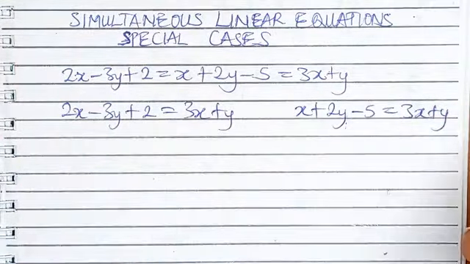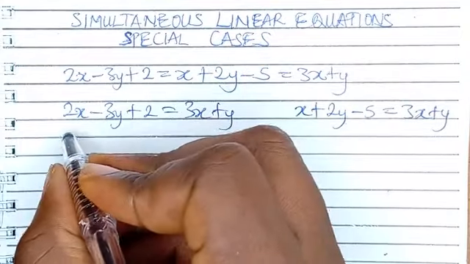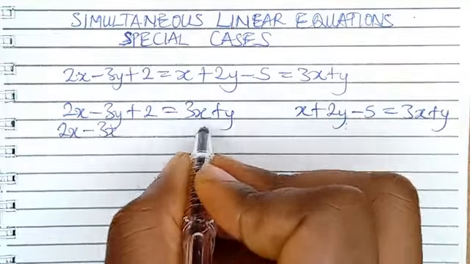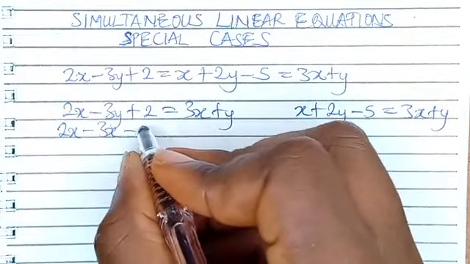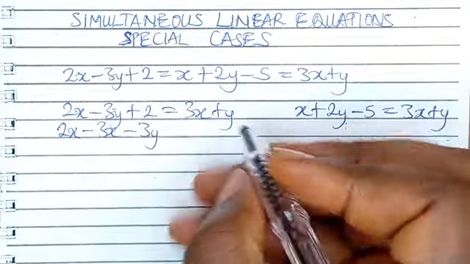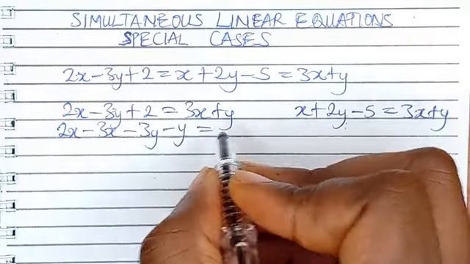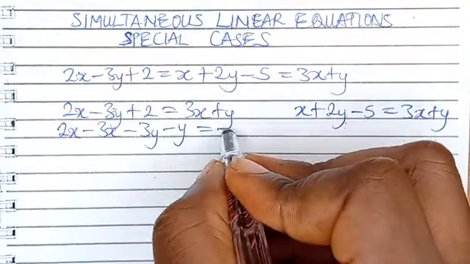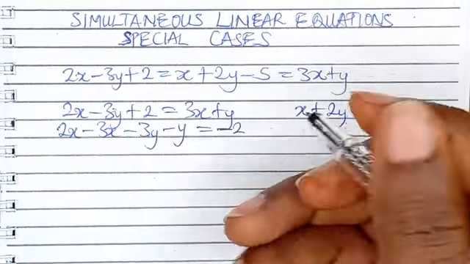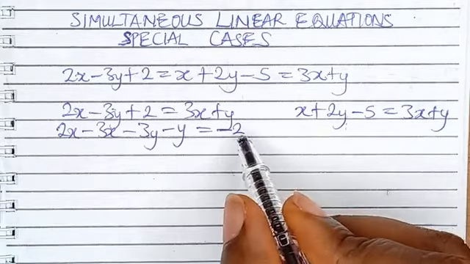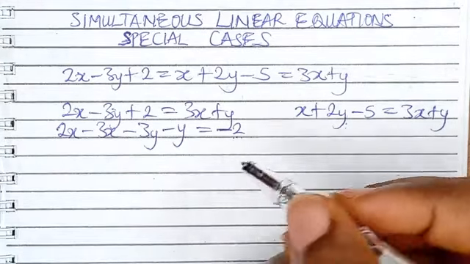So we collect like terms. We have that 2x and then minus 3x, that's crossing over. We have minus 3y from here, and plus y comes over to become minus y is equal to plus 2 goes over here to become negative 2. So it's important for us to make the constants stay on this other side of the equation.